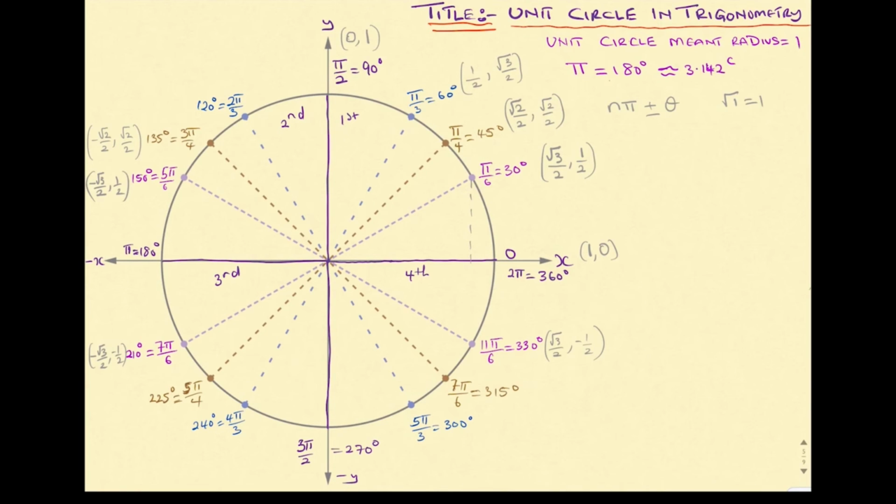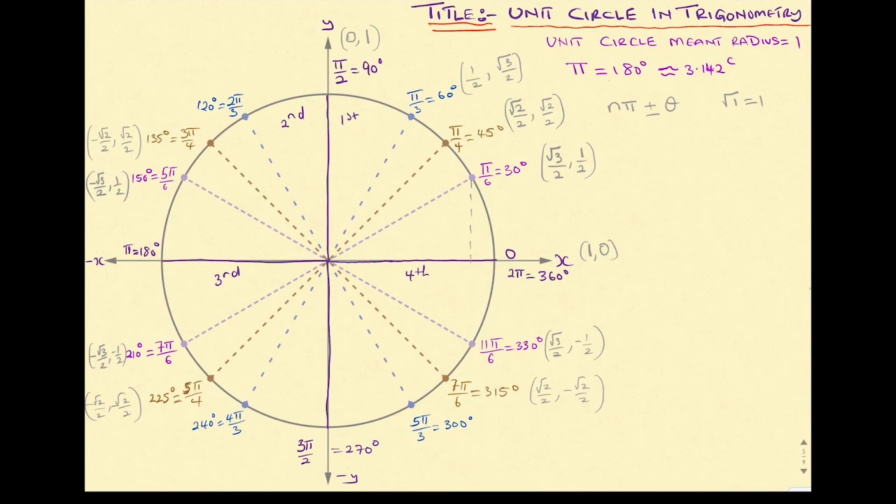So that'll be minus root 2 over 2, comma minus root 2 over 2. For 315 degrees, y is negative, x is positive, so you're going to have root 2 over 2, comma minus root 2 over 2.